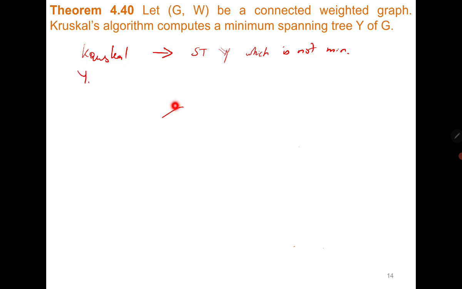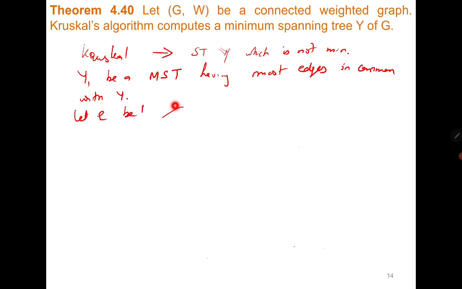So let y1 be a minimum weight spanning tree. So there could be many minimum weight spanning trees. y1 is one of them, having most edges in common with y.